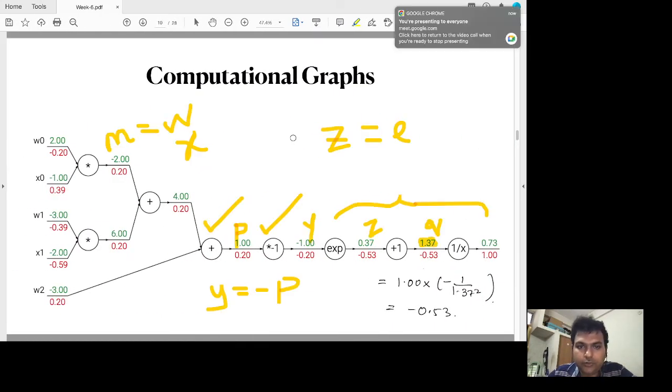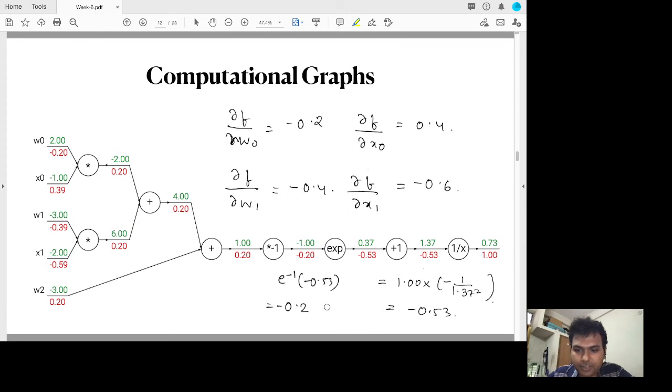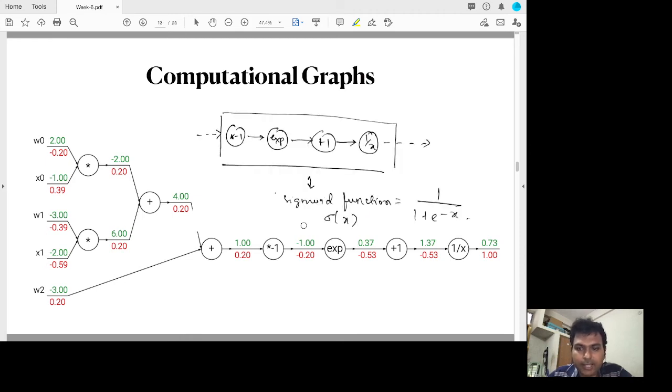Okay, I'll move on. I have already shown how this comes to be minus 0.2, and how all these different values are calculated, so I'm not going through them again. As somebody said, this entire thing, from minus 1 to 1 by x, is nothing but the sigmoid function.